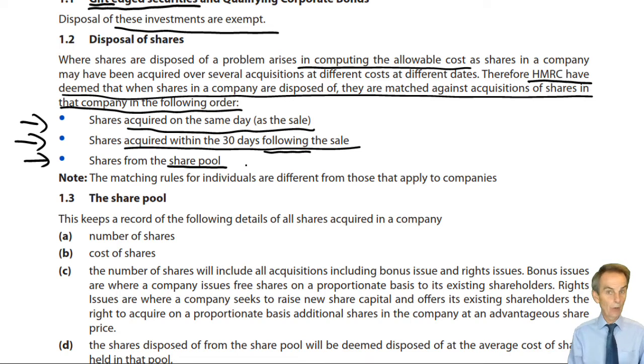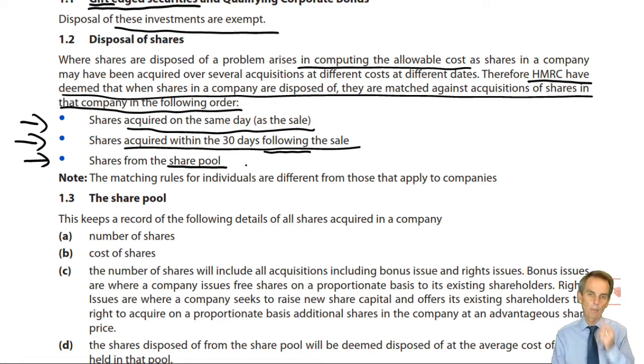So that when from a pool, some but not all of the shares are sold, we don't have to worry about the first acquisition, the second, the third, and all of those individual acquisition costs. We have a share pool, and therefore we average out the shares within that pool.